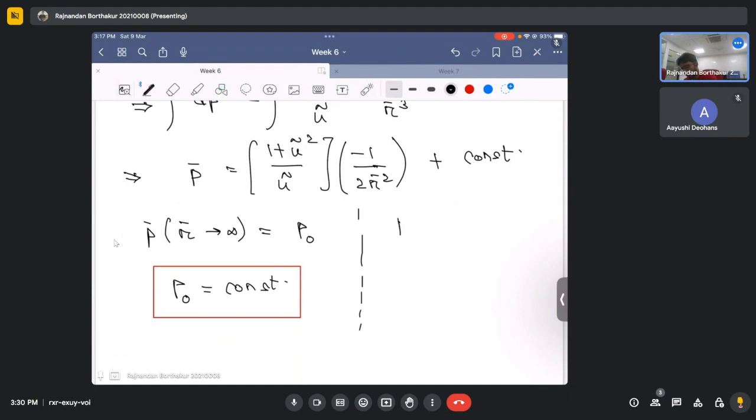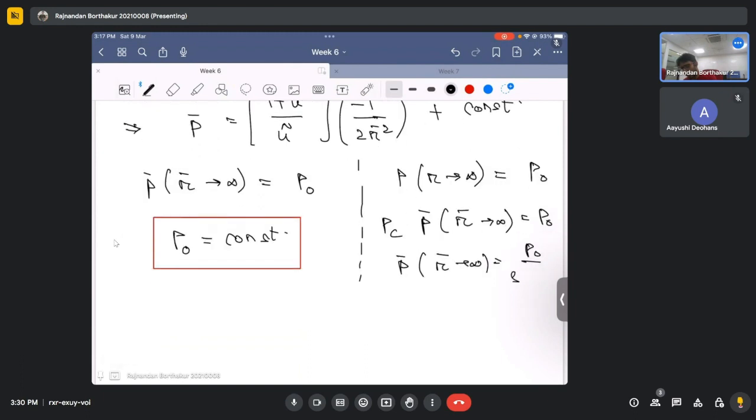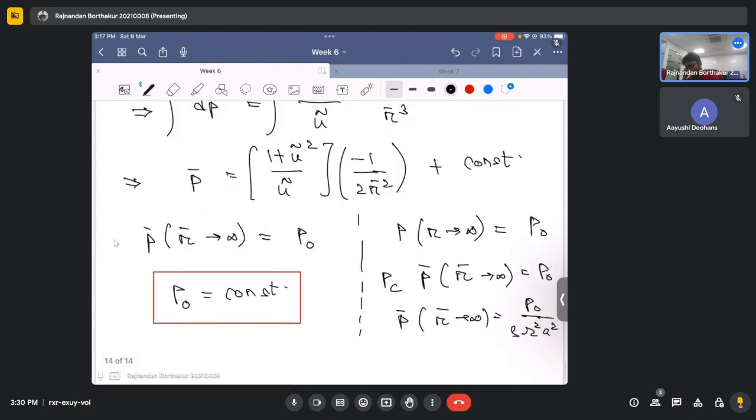So the dimensional pressure when the dimensional radius goes to infinity is basically P naught. If I non-dimensionalize it, it becomes PC. So P bar when R bar goes to infinity is P naught by PC, and PC was nothing but rho times omega squared A squared.